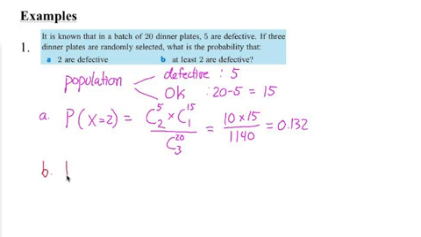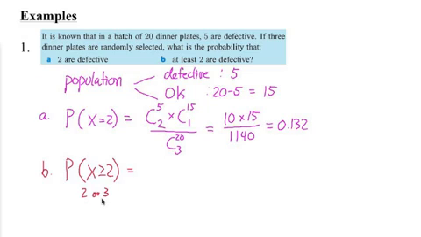Now I want to find the probability of selecting at least 2 defective plates out of 3. Now I have 2 paths I can follow, so we're really going to use the sum principle here. My 2 choices are selecting 2 defective plates or 3 defective plates.